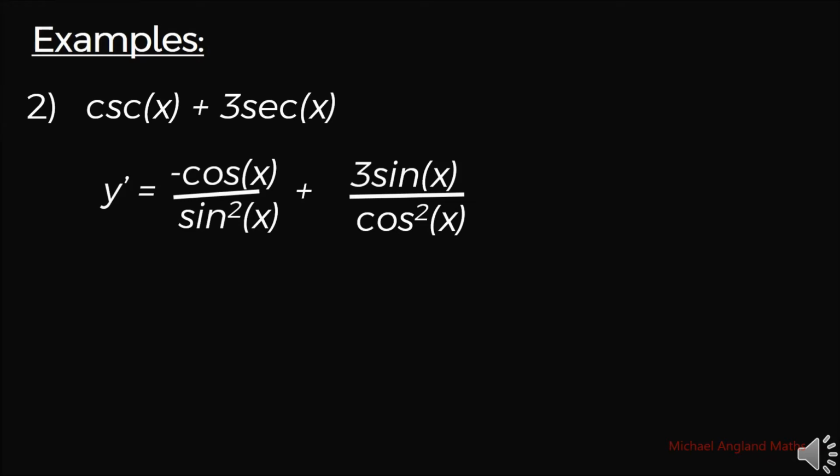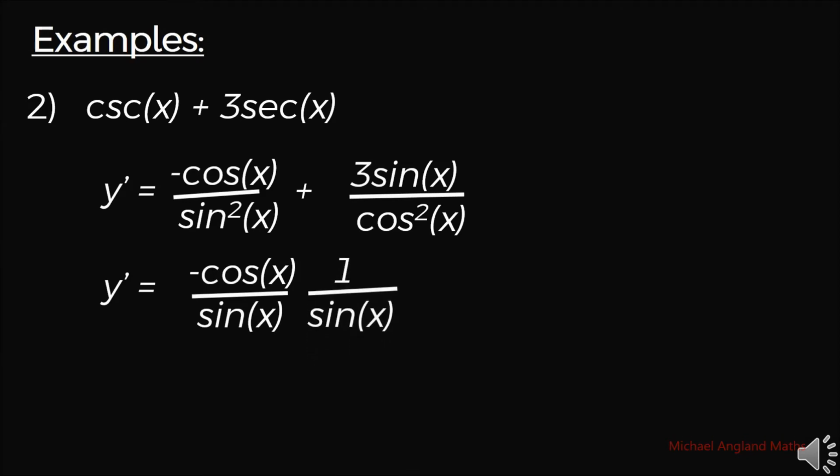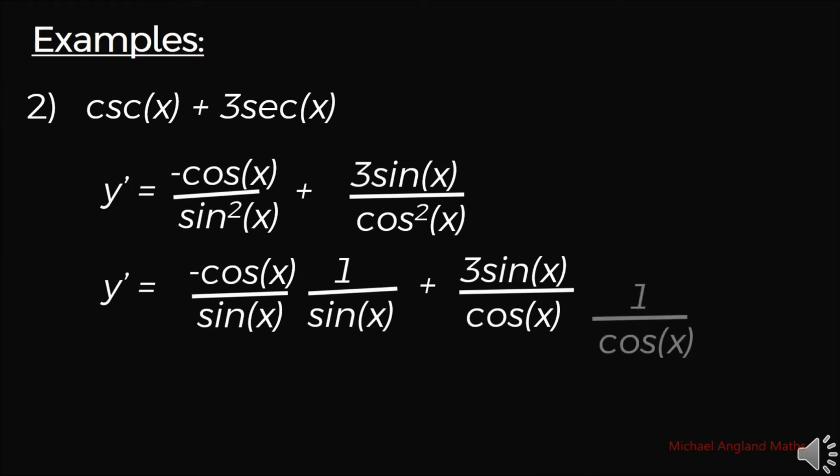So the first term will become minus cosine over sine multiplied by 1 over sine. And the second term will become 3 sine x over cosine x times 1 over cosine x. This manipulation is what we do so that we can present the answer in the form of one of the options that we saw earlier.